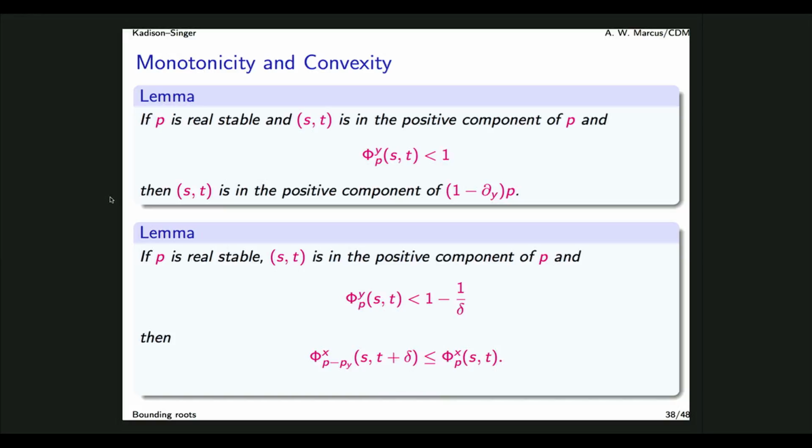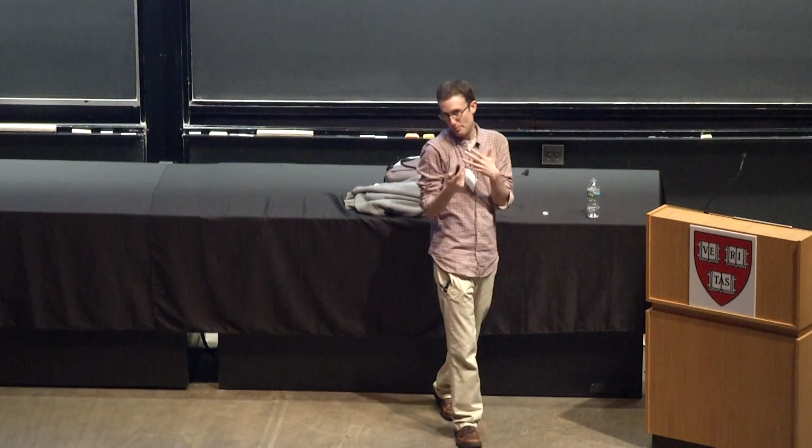And the way we compensate is by making sure that we have just a little bit more cushion than we need. So what it says is that if P is real stable and st is in the positive component, and the barrier function is bounded away from 1 by some number, then that tells us how much we can move in that direction to get our cushion back.